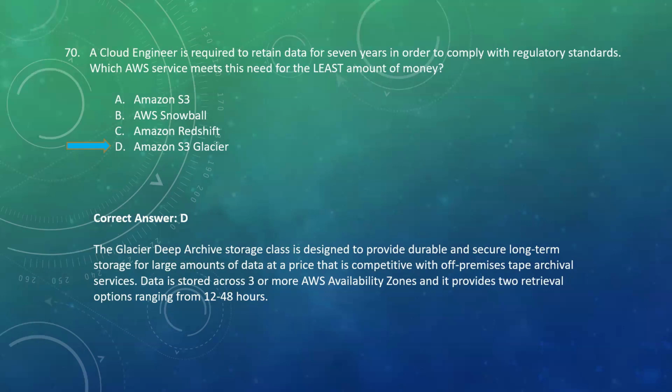Data is stored across 3 or more availability zones, and it provides two retrieval options ranging from 12 to 48 hours. It is designed for customers, particularly those in the financial services, healthcare, media and entertainment, and public sector, that retain datasets for 7 to 10 years or longer to meet customer needs and regulatory compliance requirements.